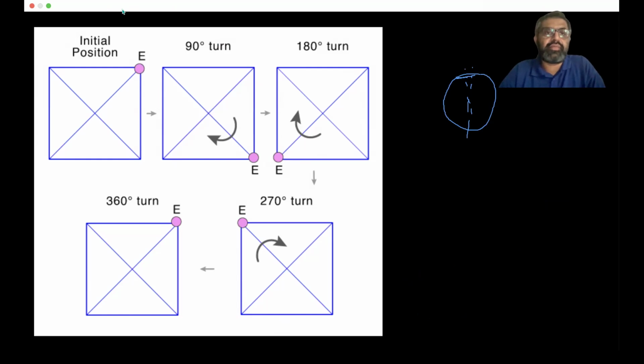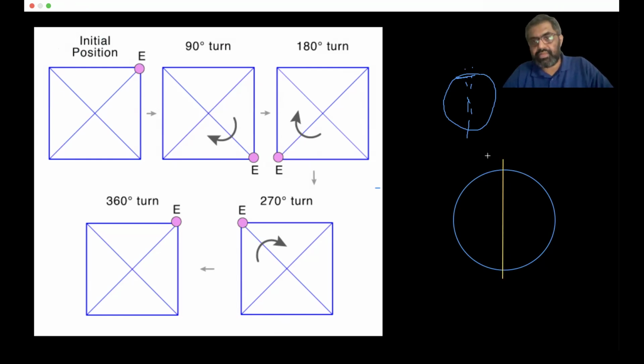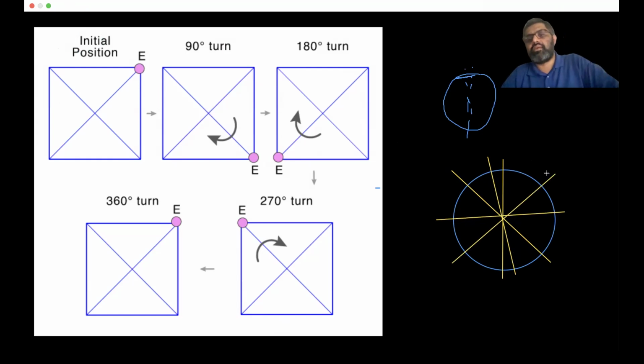It would be better if I draw a proper circle like this. So we can have infinite lines of symmetry. Wherever we draw a line as a diameter, any diameter is going to be a line of symmetry, as long as it is passing through the center, because any diameter is dissecting the circle into two halves.